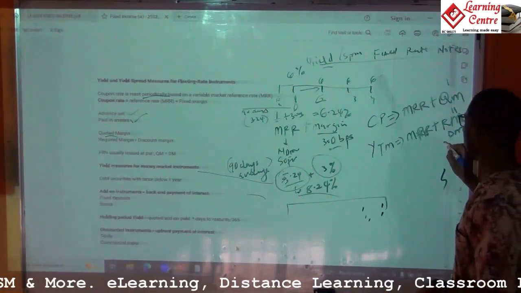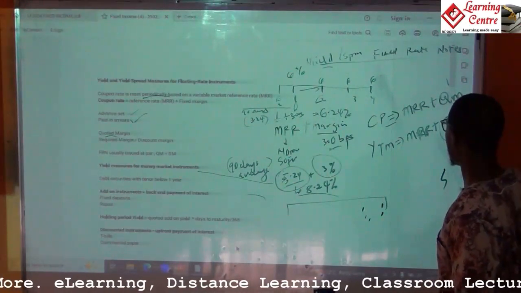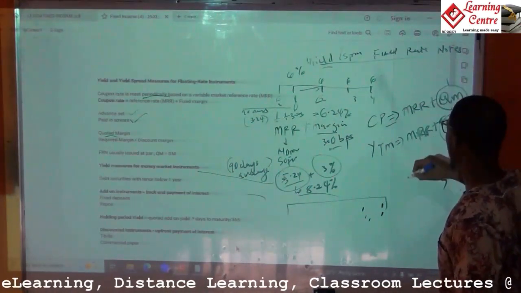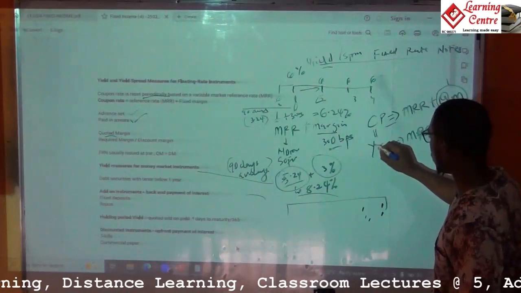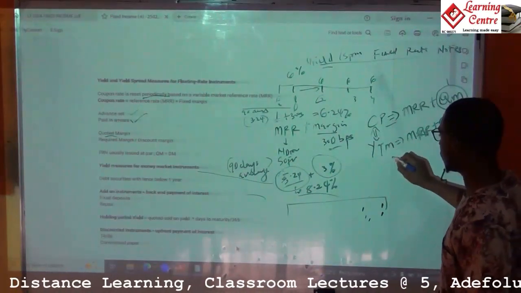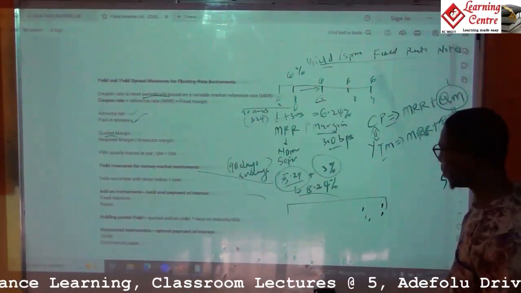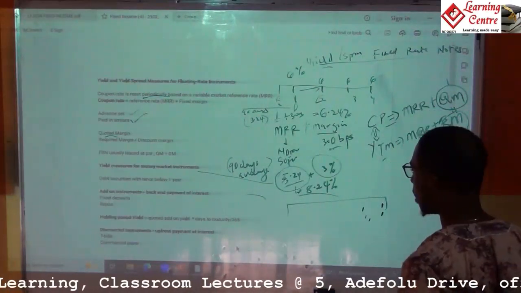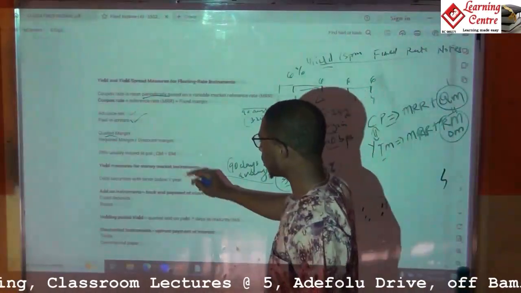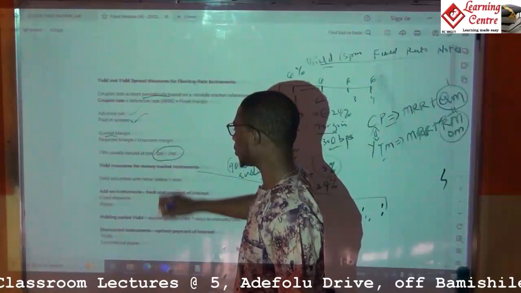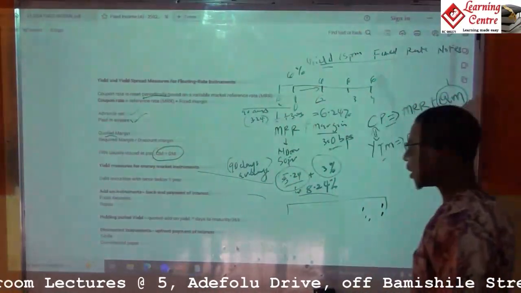So sometimes these two align, and if these two align, that means the coupon will be equal to the yield. If it doesn't, the coupon will be greater or lower than the yield. So, if I see this point here, oftentimes floating rate notes are issued at par.